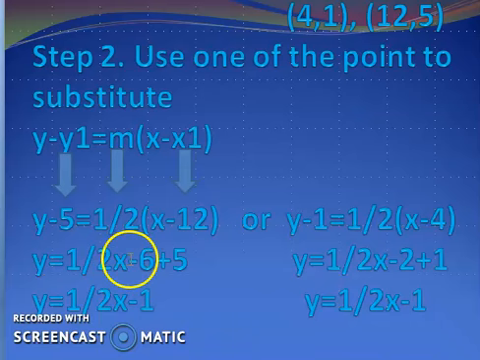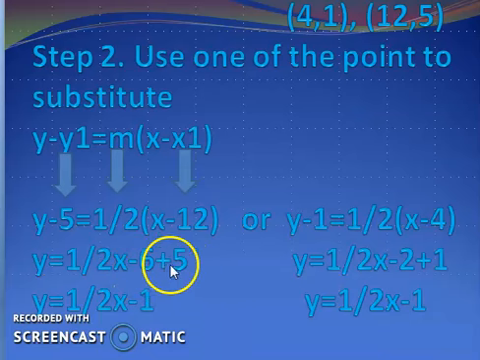So 1/2 x and -6 are not like terms because -6 doesn't have x. 1/2 x and 5 are not like terms because 5 does not have an x. So only -6 and 5 are like terms because they are constant numbers.